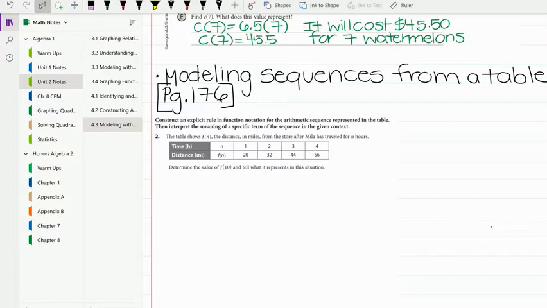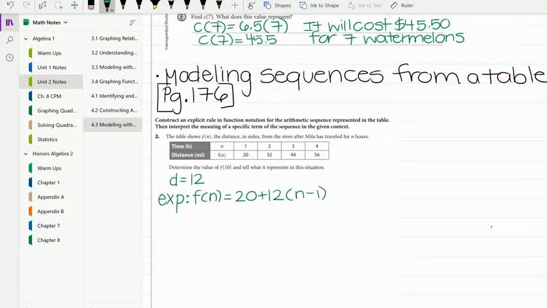So first, let's find the common difference. So what's happening as I go from 20 to 32 to 44 to 56? I am adding 12. So that's our common difference. The next thing we want to do is find an explicit rule. So for the explicit rule, we know that it's going to be f of n equals the first term, which is 20, plus the common difference times n minus 1.